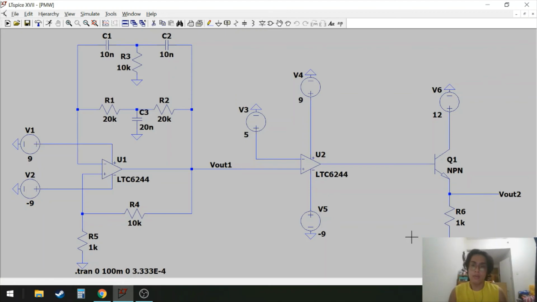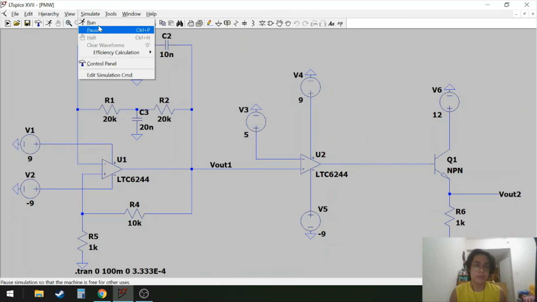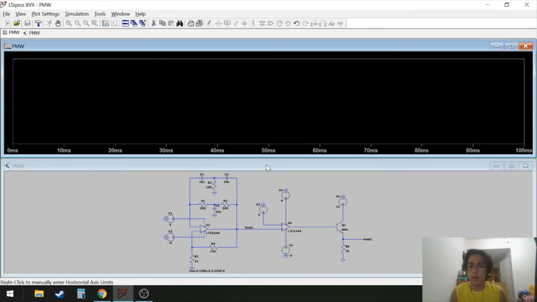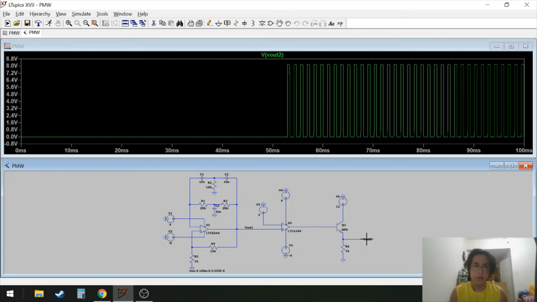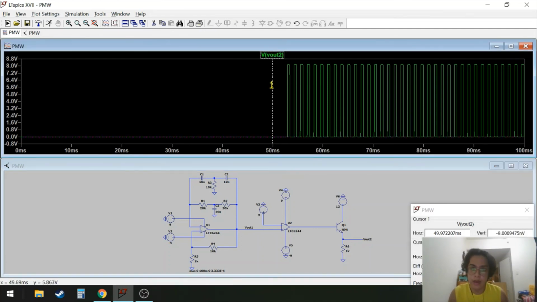Now, the voltage output 2 is actually represented as a square wave or digital binary form. If we simulate it and we look into the Vout2, there you go. It is a square wave in which we have an output frequency of, let's check.